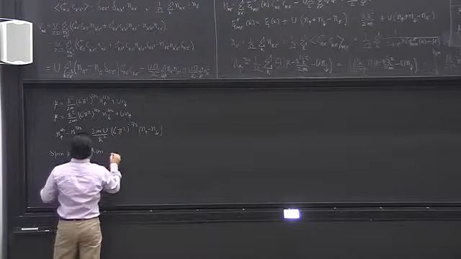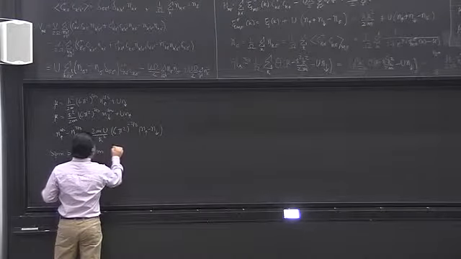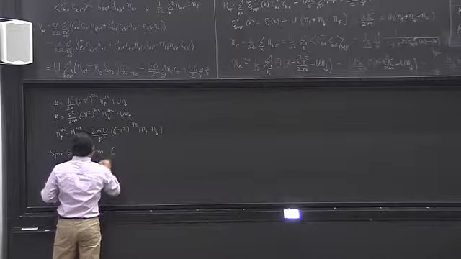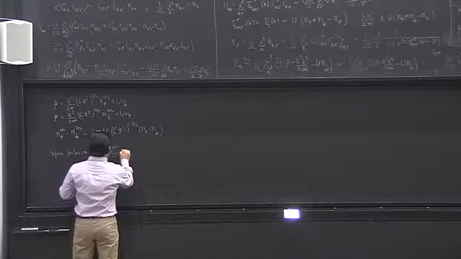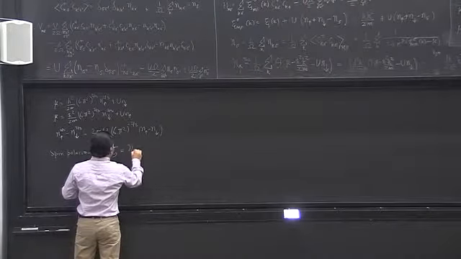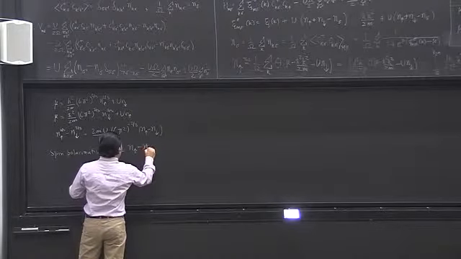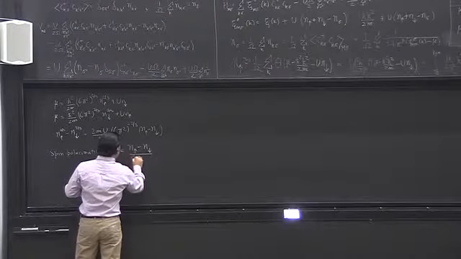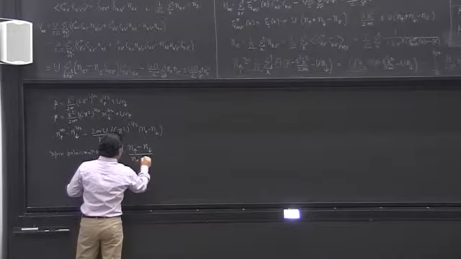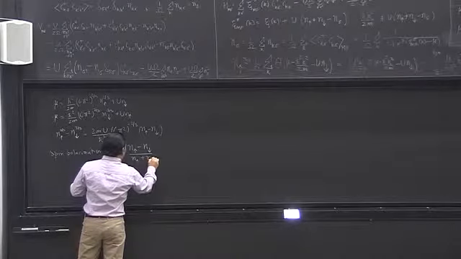So spin polarization, let's call it zeta. This is defined as n up minus n down divided by n up plus n down.